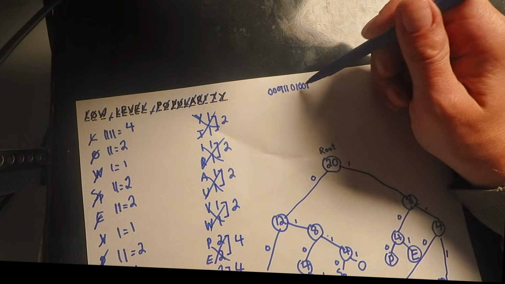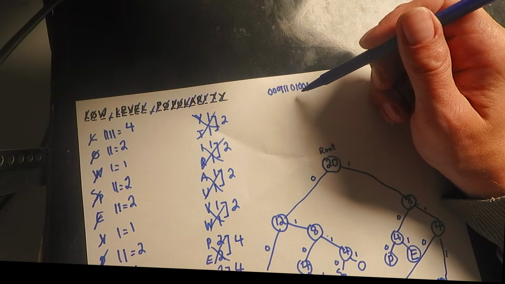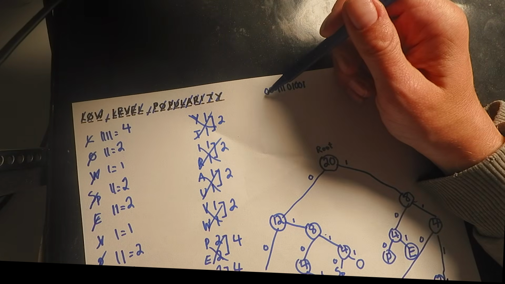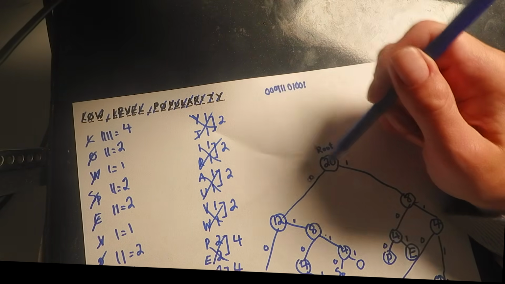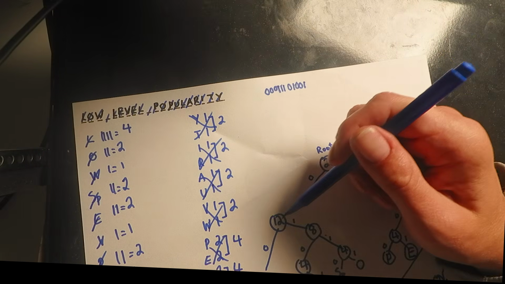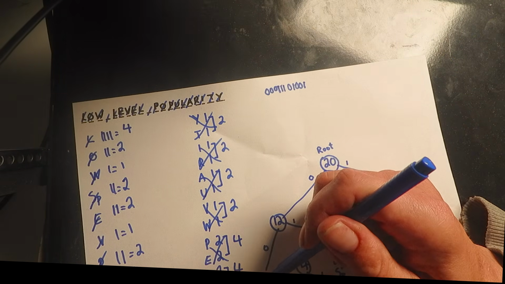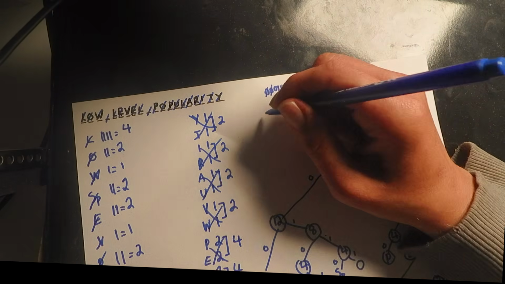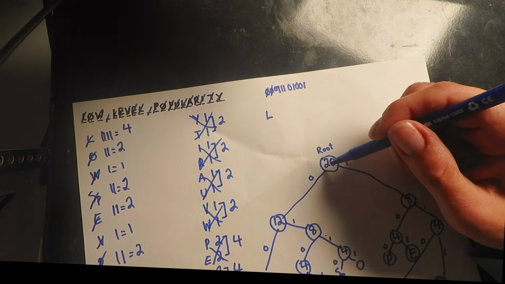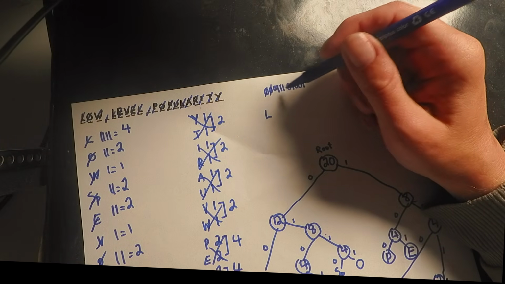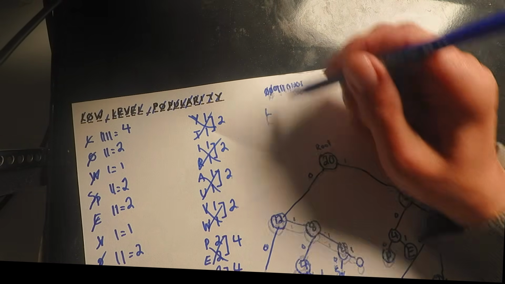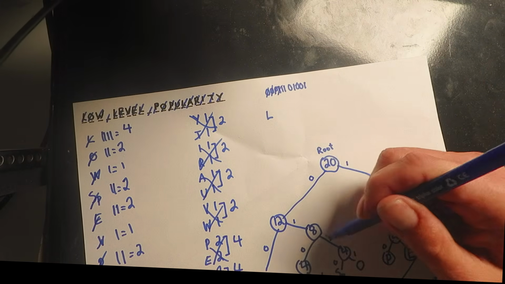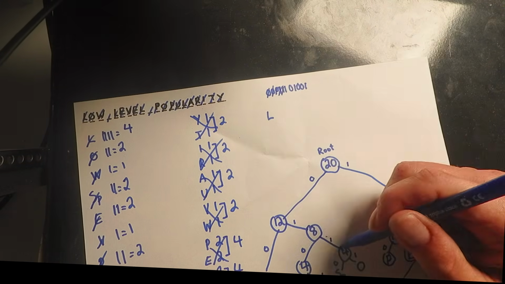Because let's say we want to translate this back to text. Okay, so we start at the root of the tree, and we have a 0, so we go left, a 0 again, we go left, and then we hit the character. So these two are used, and we hit the L. So we type the L, and then we go back to the root of the tree, and we see a 0, and then a 1, and then a 1, and then a 1.